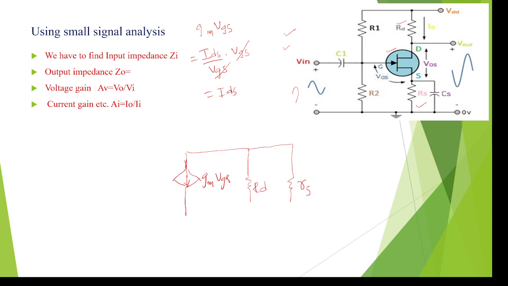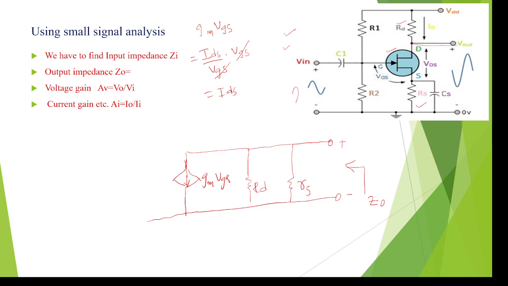Why? Because here the output line is there. That's the reason RD and RS are both in parallel. So we can draw like this. Then the equivalent small signal analysis for the output side is completed, and this is the output impedance Z0.